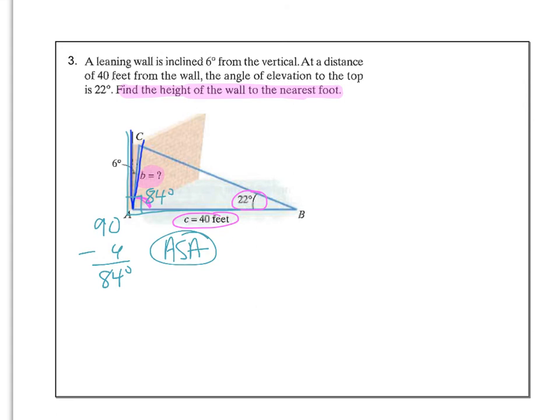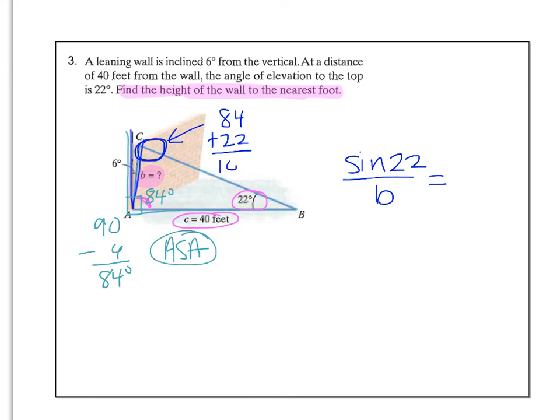And we're going to start with the sine of 22 over b is equal to, look at this again, we don't have this top angle, we got to find it. We got to use the two angles we know. 84 plus 22 is 106. Subtract from 180, we get 74. It's the sine of 74 over 40.